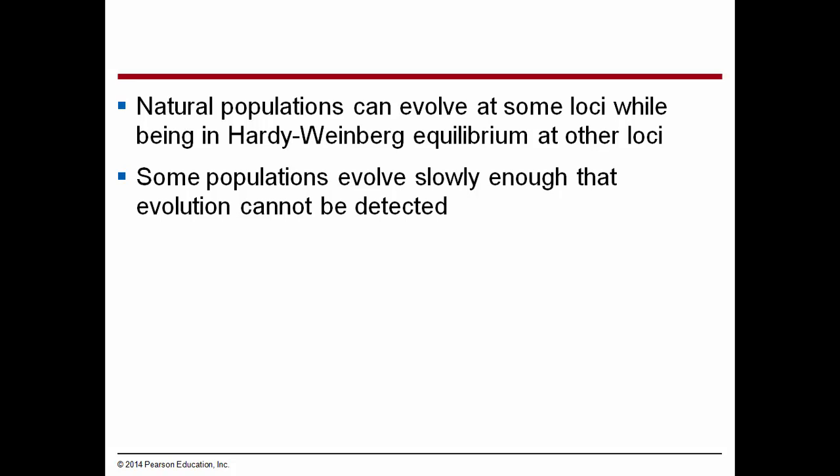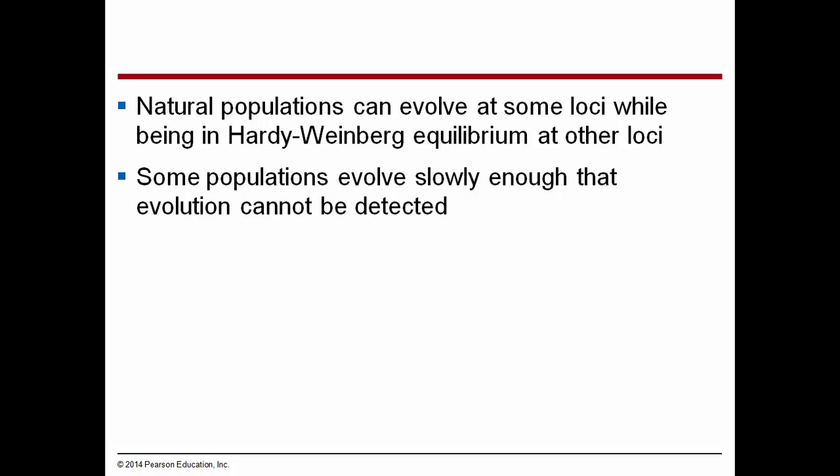Natural populations can evolve at some loci while being in Hardy-Weinberg equilibrium at other loci. So Hardy-Weinberg equilibrium can be in effect for certain traits and not in effect for other traits.